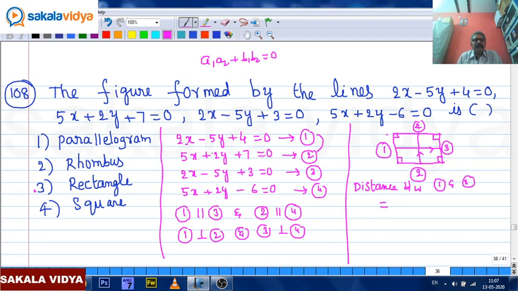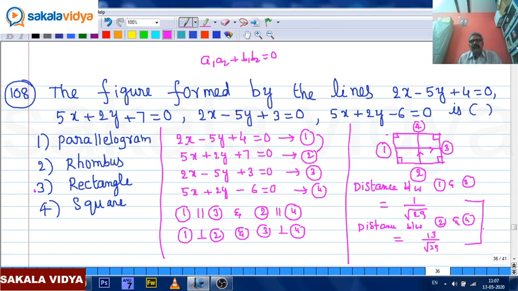So distance between 1 and 3 means how much will you get? 4 minus 3, 1 by root of 4 plus 25. Now distance between 1 and 3 is completed. Now 2 and 4. So distance between 2 and 4 means actually here you have 7 plus 6 is 13 by root 29.